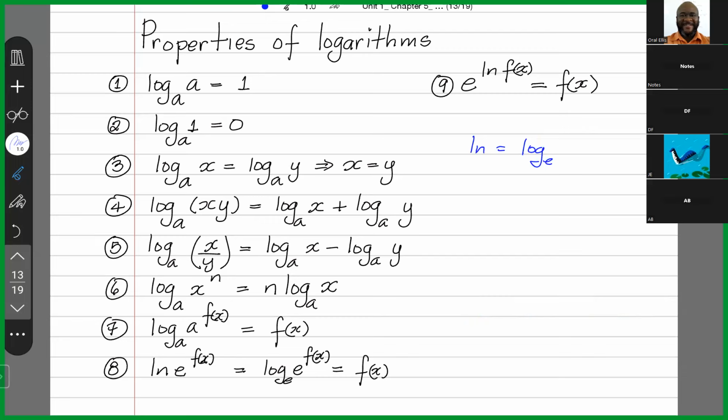So log to the base e of e raised to the f of x is equal to f of x. And e raised to the power ln f of x is equal to f of x.